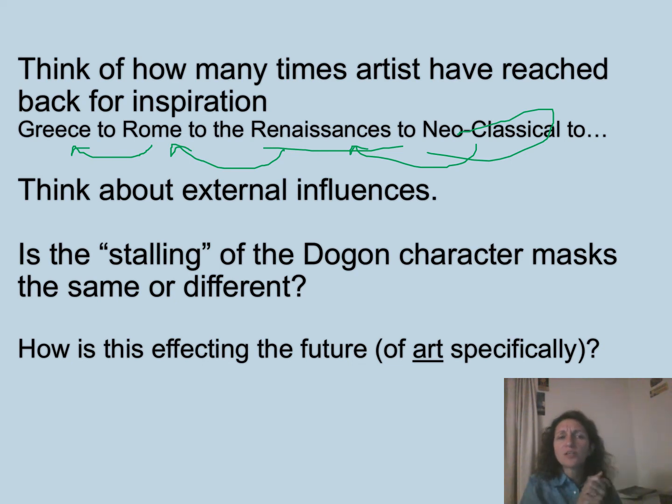So I want you to think about external influences, right? Could a culture of tourists and tourism stall this culture? And could they then stall the evolution of these masks and the evolution of who is important? Could that be a bad thing in the sense that that culture is then no longer evolving?